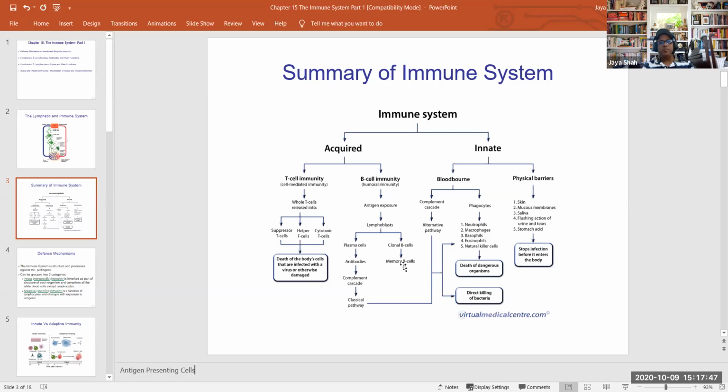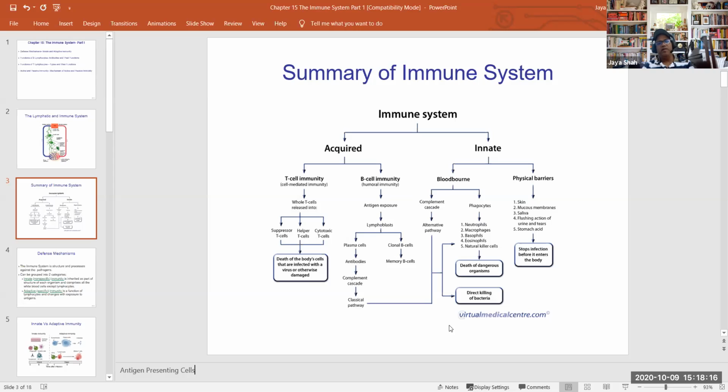Memory B cells keep the memory of that particular antigen, whereas plasma cells produce antibodies. These antibodies then activate the complement protein, and that activates the classical pathway, which ultimately activates the innate immune system. So this is the bridge between the innate and acquired immunity.